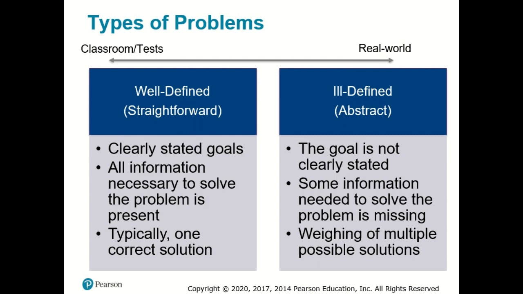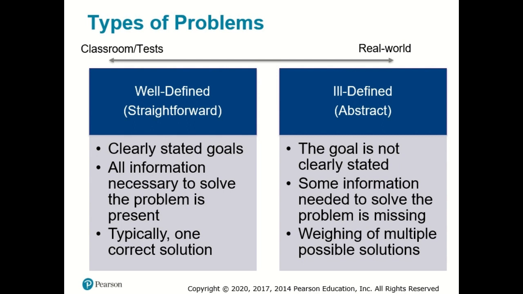So well-defined problems have clearly stated goals, and all information necessary to solve the problem is present. So you remember the quizzes that you solved last week? These are examples of well-defined problems. And typically, they only have one correct solution. For the ill-defined problems, an example can be the drawing activity that you did for this week's module.